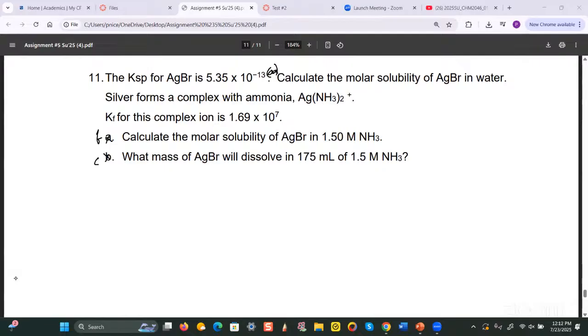It says you have to find the molar solubility of silver bromide in water. So of course, this would be the equation: AgBr, I'm sorry, Ag+ and Br-.